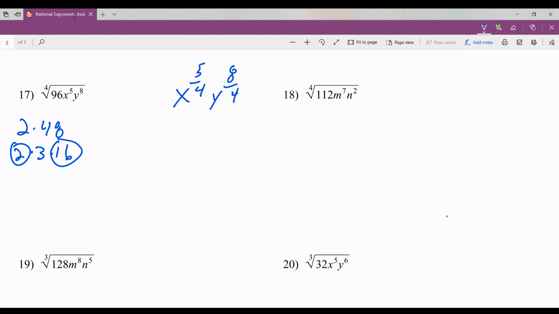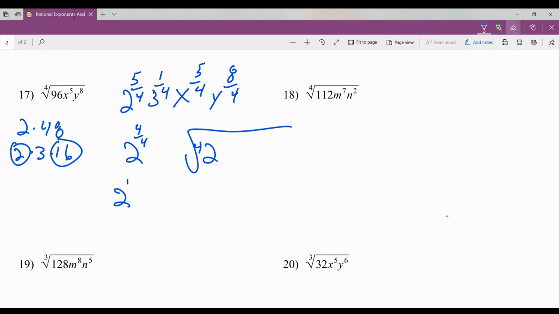It's 2 to the 5th, 4th rooted, and 3 4th rooted. All right, so I'm pulling out of there 2 to the 4/4, which is really 2 to the 1st.